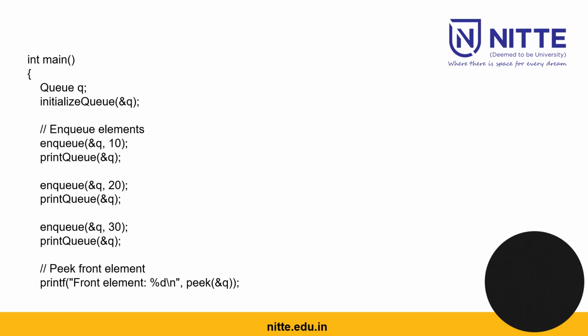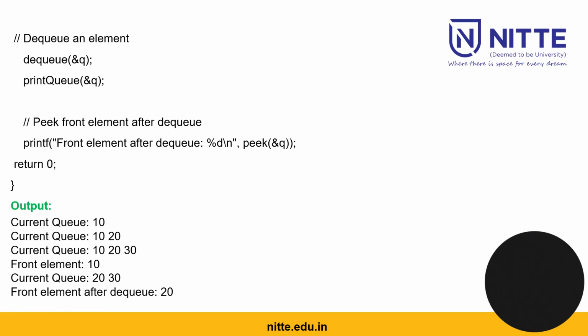Next, peek the front element. For that we will write a printf statement: "Front element is %d", peek(&q). So whatever element is at the front will be printed as the front element. Now we'll go for dequeue. If you write dequeue(&q), then the element at the front end will be dequeued from the queue, and then it will print the remaining elements of the queue.